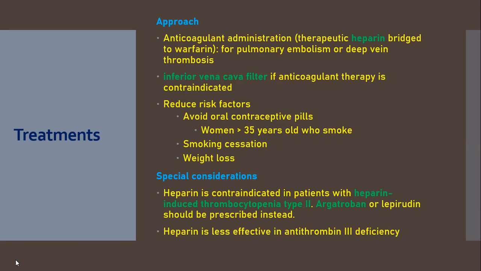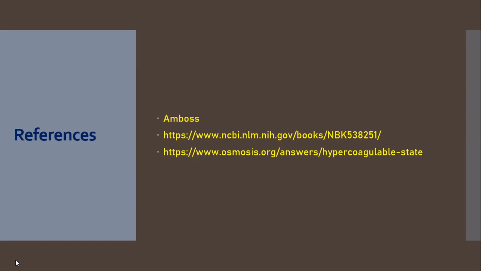And some of the special considerations you should take note of while treating the patients: heparin is contraindicated in some patients because it can induce heparin-induced thrombocytopenia type 2, and argatroban or lepirudin should be prescribed instead of heparin for these patients. And heparin is less effective in antithrombin 3 deficiency. And those are my references, and that concludes my presentation.